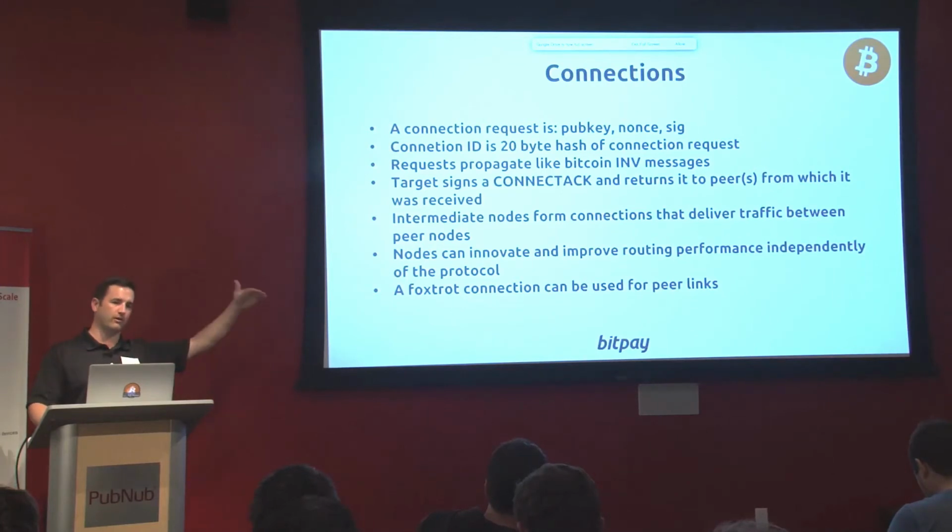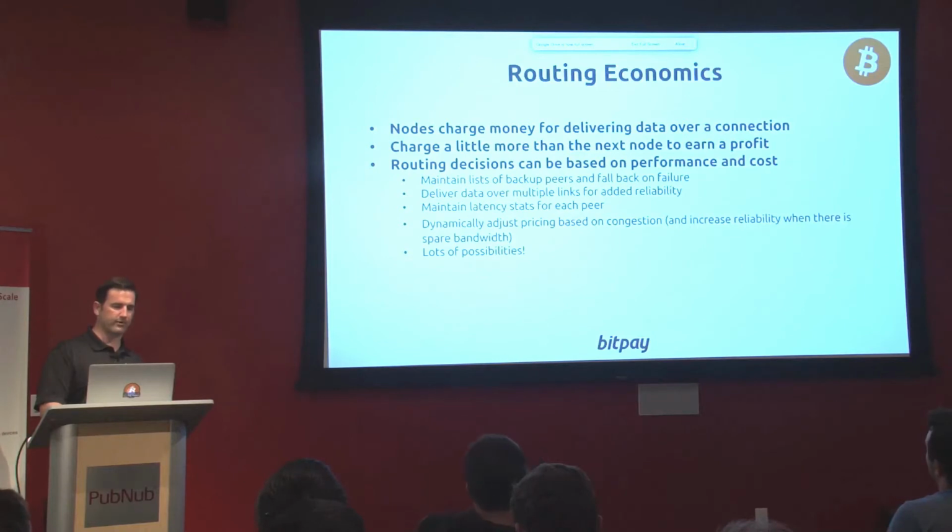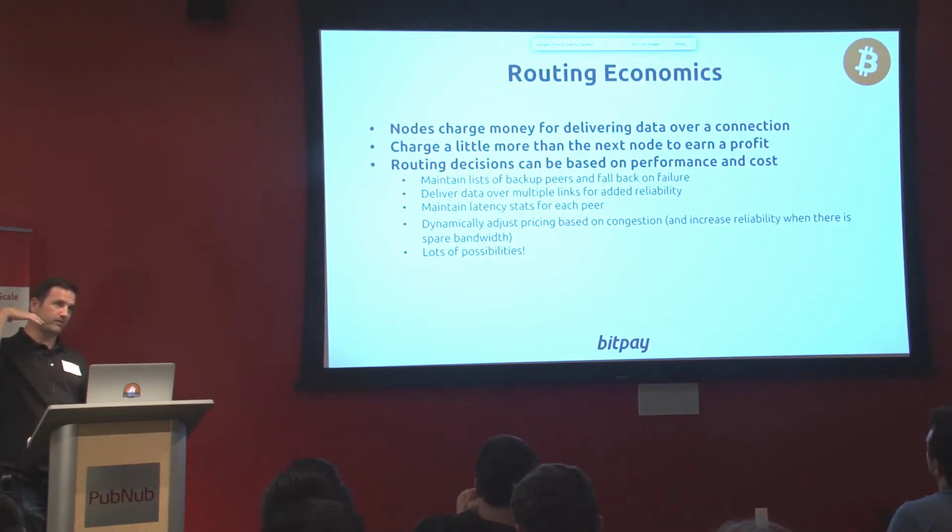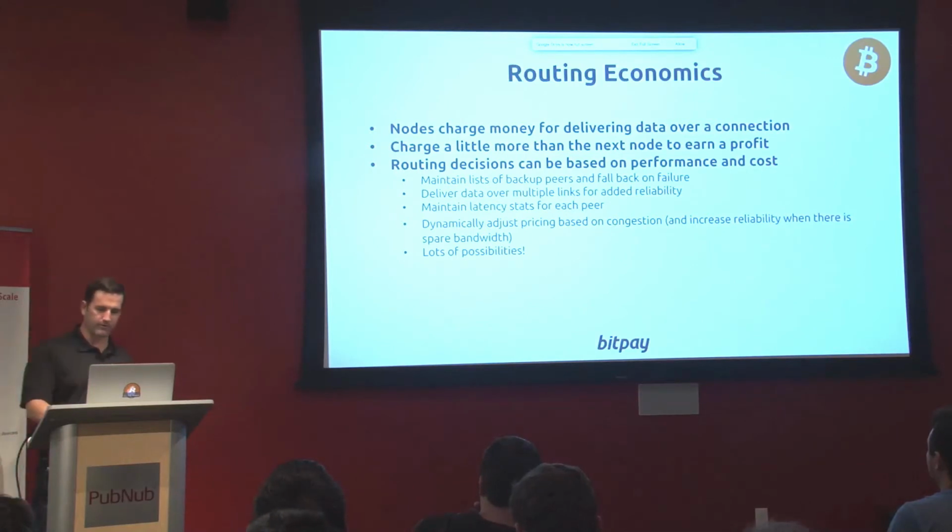So you can overlay Foxtrot connections. You can use Foxtrot connections themselves as a peer. It actually gets really important when you start to think about how to implement a connection strategy that doesn't require sending a connection request to every device on planet Earth.